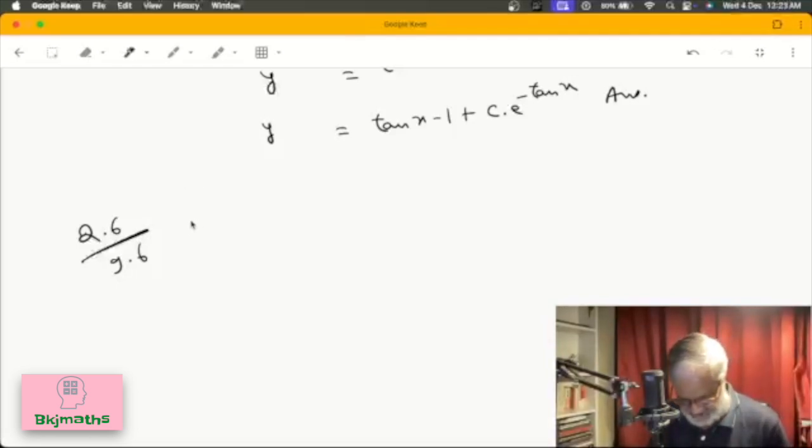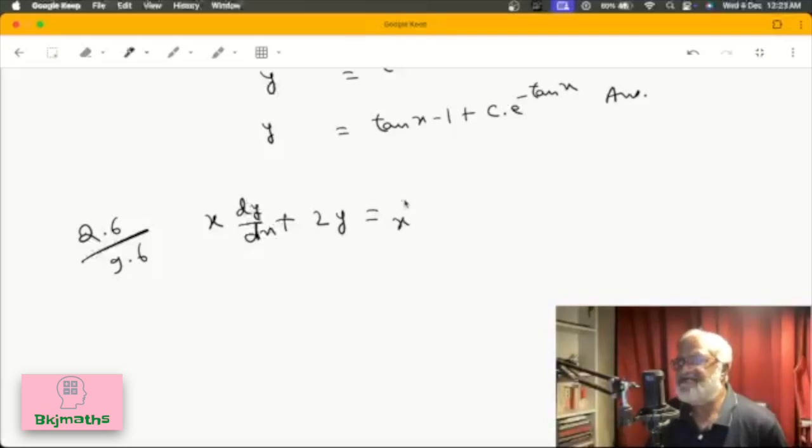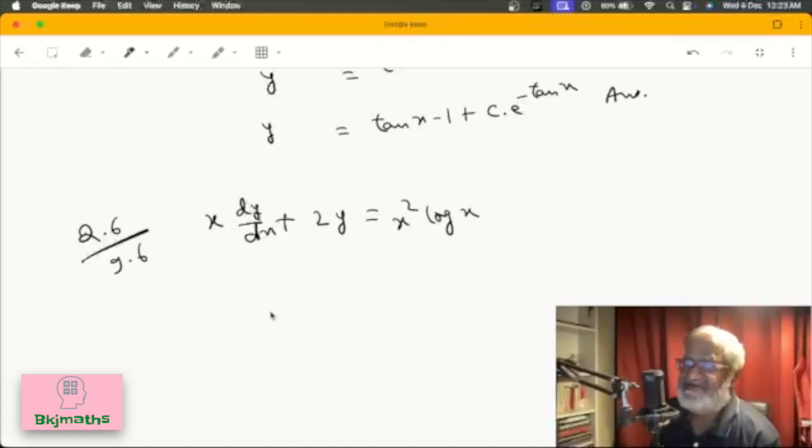Find the general solution. x into dy by dx plus 2y equals x square log x. So first write in the standard form dy by dx plus py equals q and find the value of p and q.